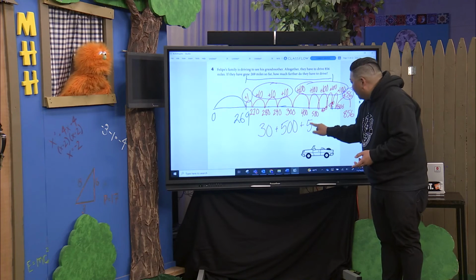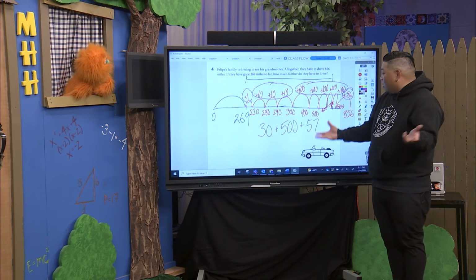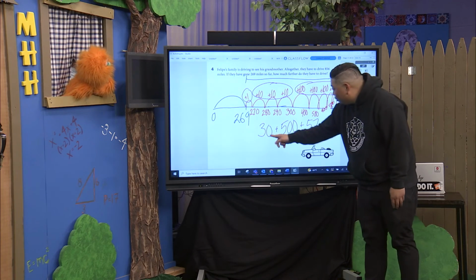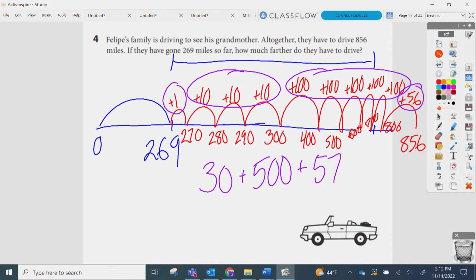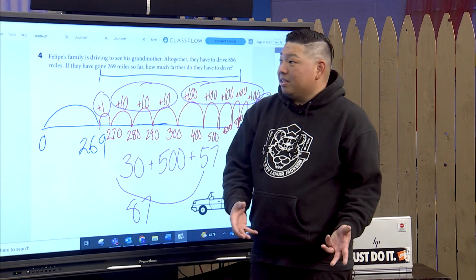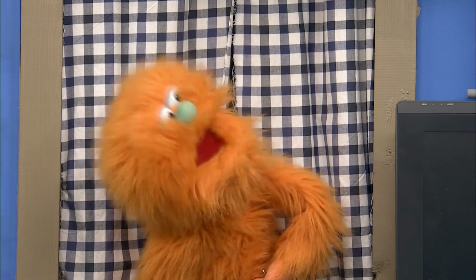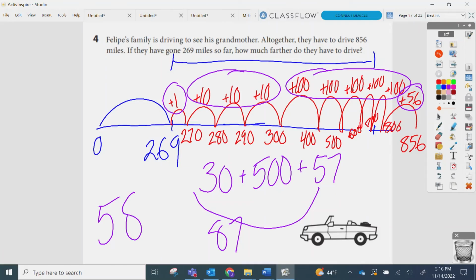Now 30 plus 57 makes 87. Then we have our 500, so 500 plus 87 is 587. So we really love Grandma, because that's a lot more to travel to get to her.